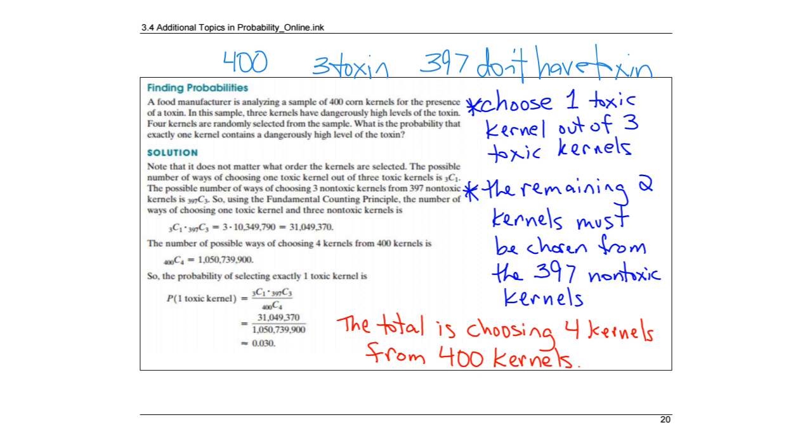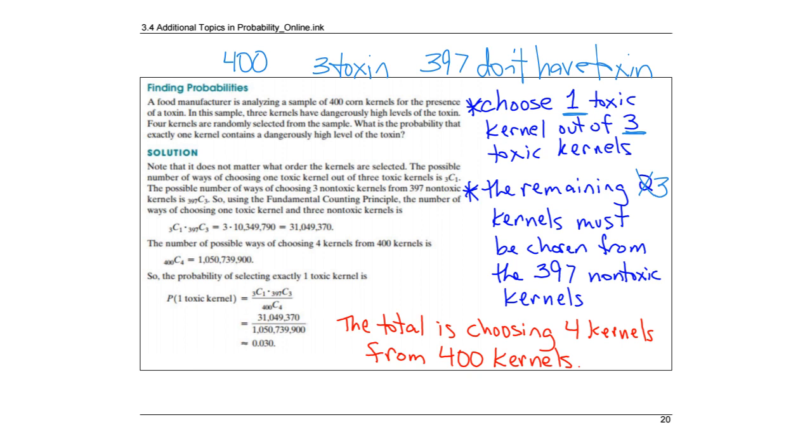We're choosing 4, and we want 1 to be out of the 3 toxic, and wait a minute, I did something wrong. The remaining 3 are going to be chosen from the 397 non-toxin.